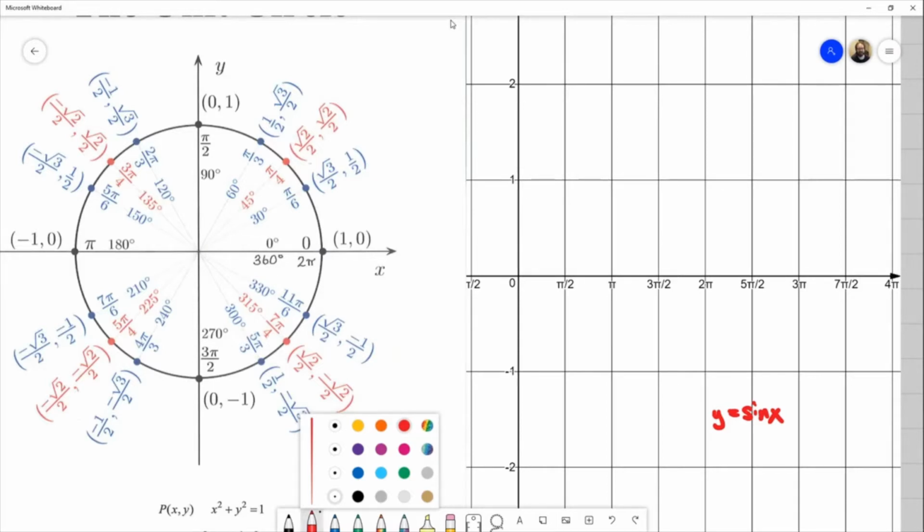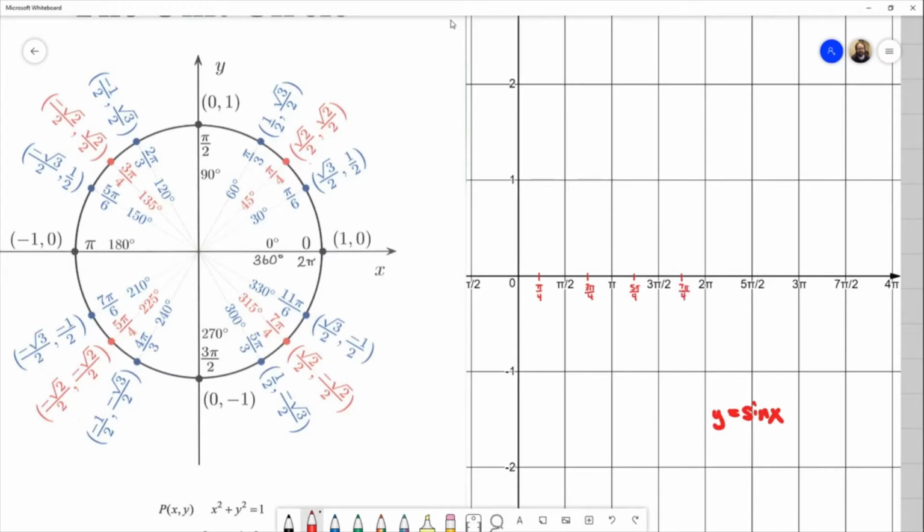Each pi over 2 gets cut in half. I'm just going to go up to 2 pi. So it gets cut in half at pi over 4, 3 pi over 4, 5 pi over 4, and 7 pi over 4.